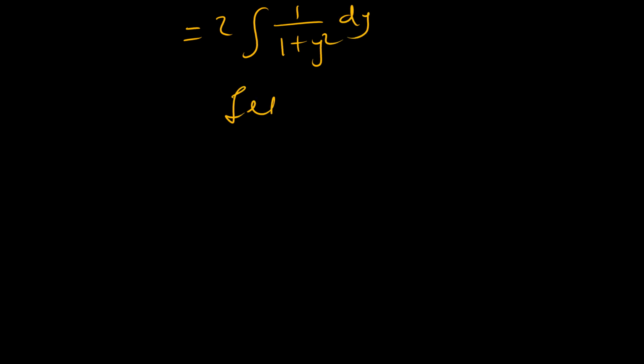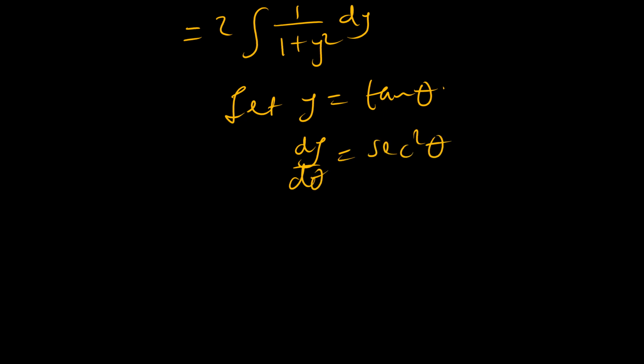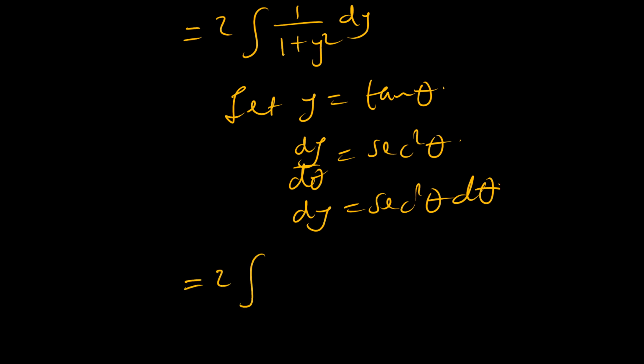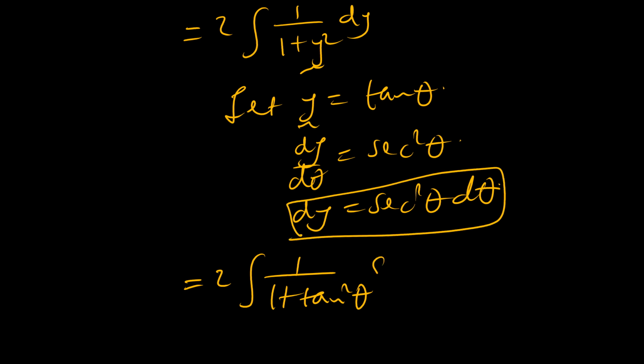If we say let y be equal to tan theta, then dy d theta is going to be equal to sec squared theta, so dy is sec squared theta d theta. So our integral here becomes 1 over 1 plus tan squared theta, because of this y, and then dy here becomes sec squared theta d theta.